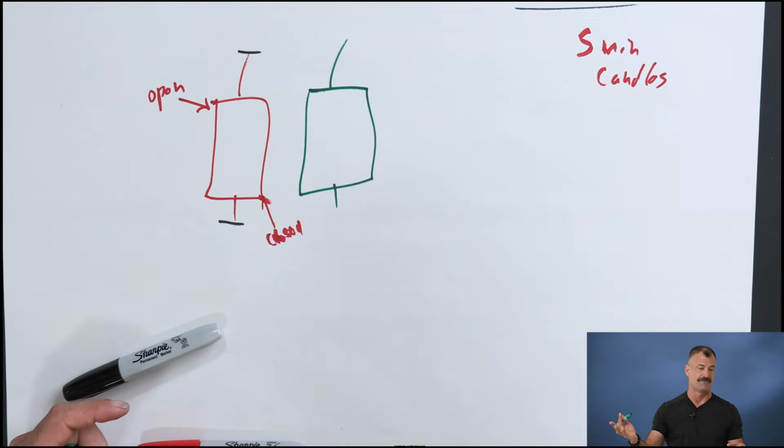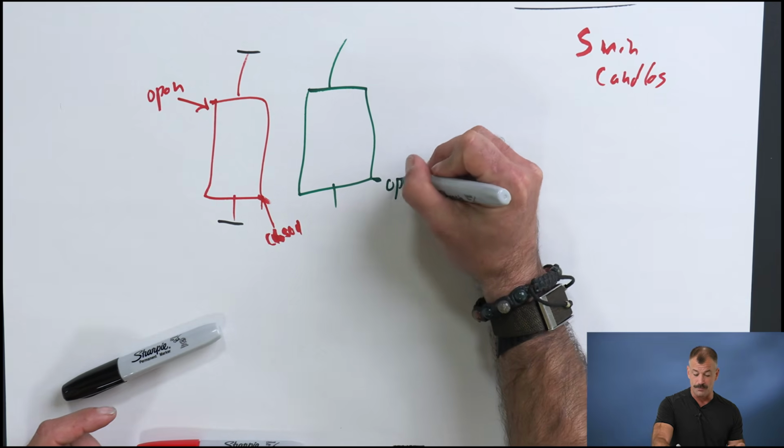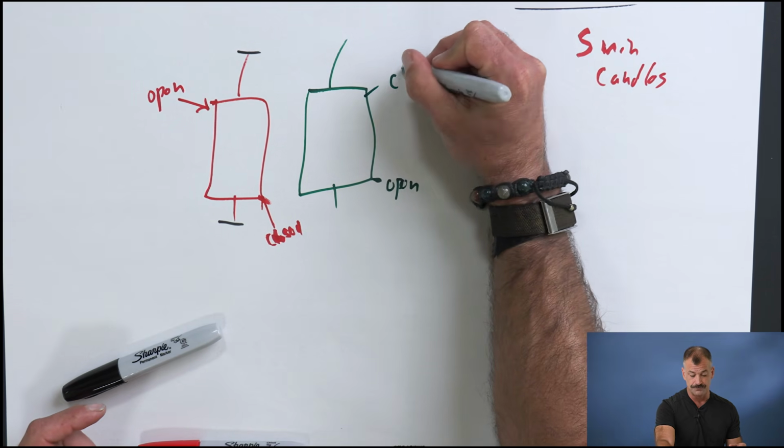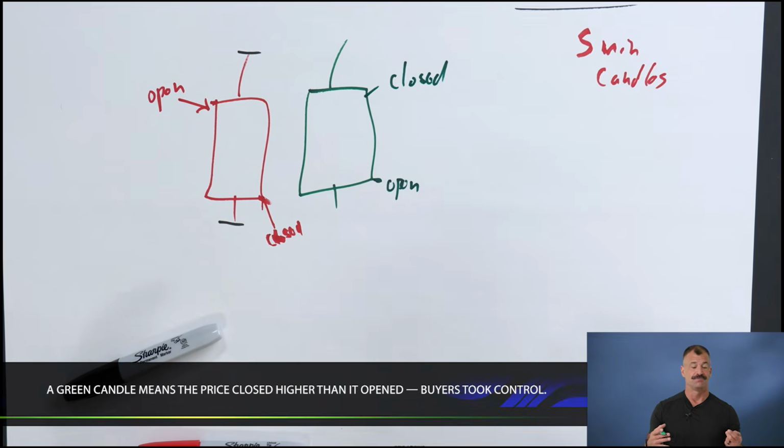Now let's fast forward to a green candle, say the next 5 minutes from 5:10 to 5:15 p.m. If you have a green candle, that means it closed higher than it opened. So now the stock went into 5:10 p.m. at $1, and then at 5:15 it was at $1.10.